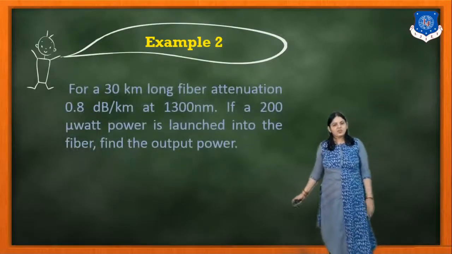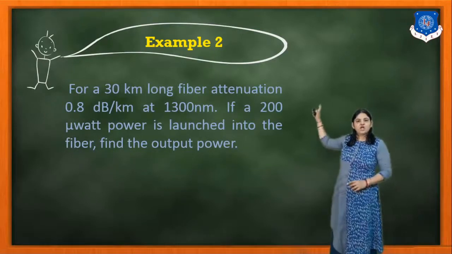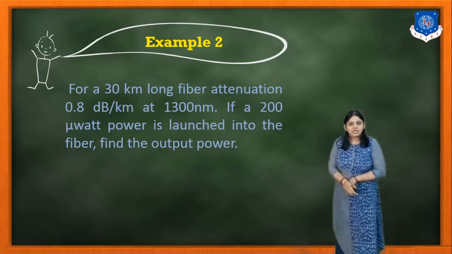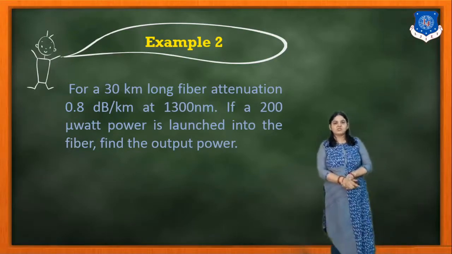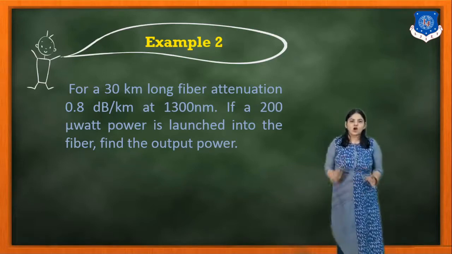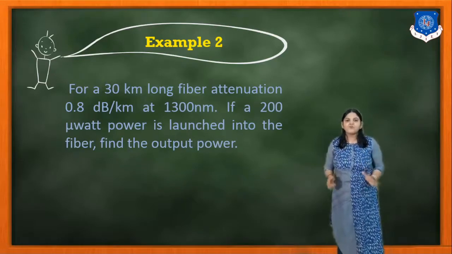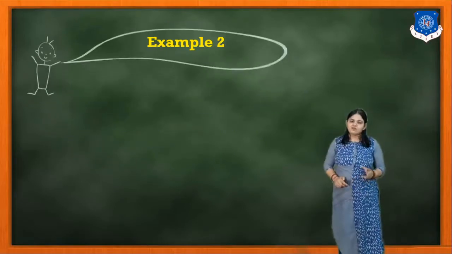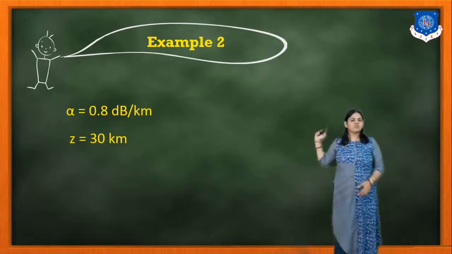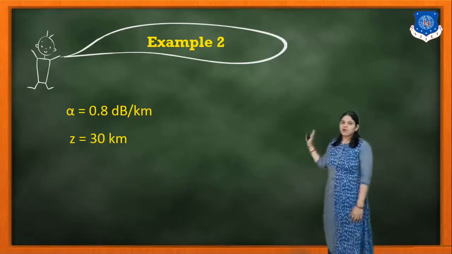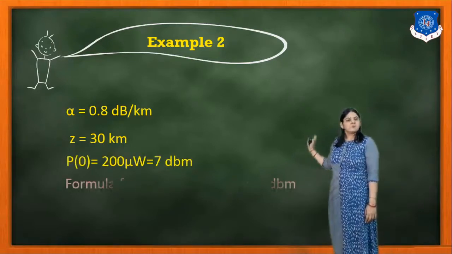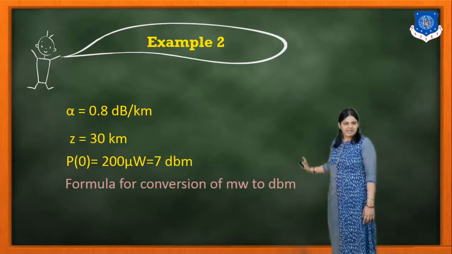Example number 2: for a 30 kilometer long fiber, attenuation is 0.8 dB per kilometer at 1300 nanometer. If 200 microwatt power is launched into the fiber, what is the output power? We need to calculate it. The values given are alpha is equal to 0.8 dB per kilometer, Z is equal to 30 kilometer, and P0 is 200 microwatt.